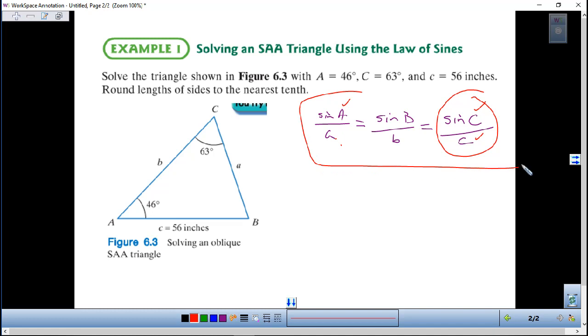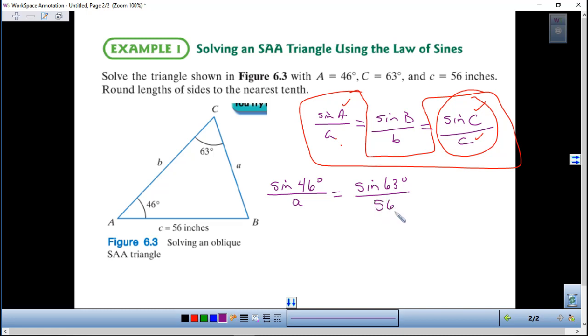I'm going to use this and make a proportion. So when I do that, I'm going to have the sine, as I put my angles in, of 46 degrees over side A is equal to the sine of 63 degrees divided by side C, which is 56 inches.